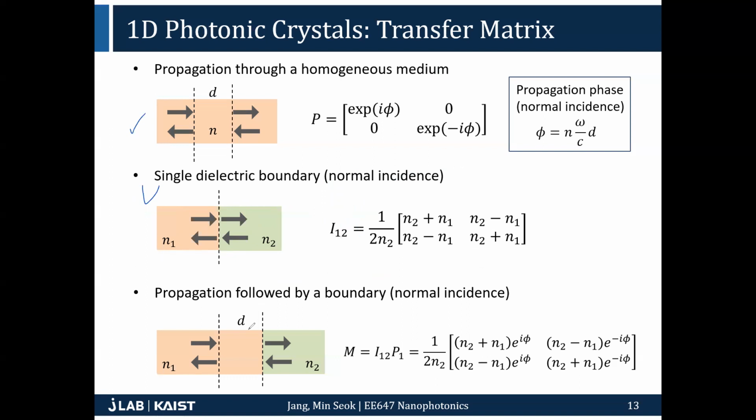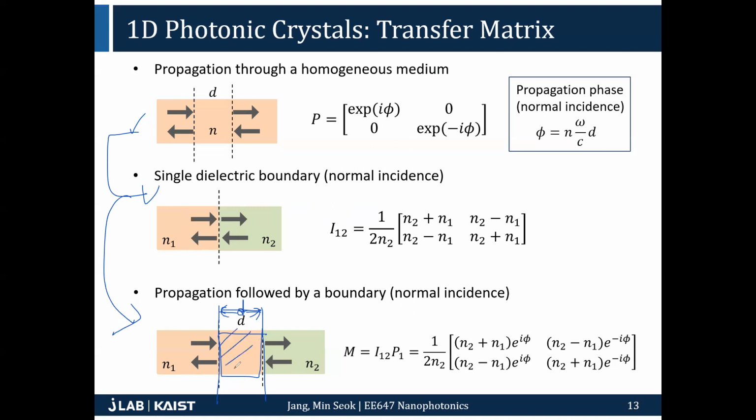Because now the third step is just adding these two. Our region of interest is this. One of the boundaries is a material boundary. The other boundary is not a material boundary, but just an arbitrary length d that we set.